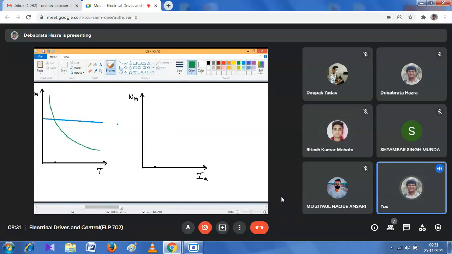Your audio is not clear. Tell me first for shunt motor, then for series motor. What should be the characteristics of a shunt motor? The speed and armature current. Tell me the nature of the speed versus armature current characteristics of a shunt motor.